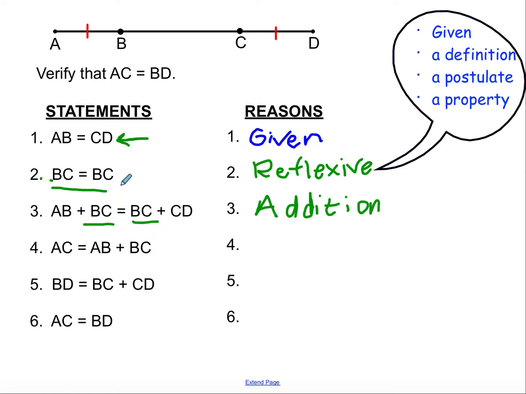Can we do that? Of course we can. Why? Because the addition property of equality says that if I take some statement and I add the same thing to both sides, that statement is still true. So this is completely valid. So if AB equals CD, and if BC equals BC, then I know that AB plus BC equals BC plus CD by the addition property of equality. That is how that works. All right?